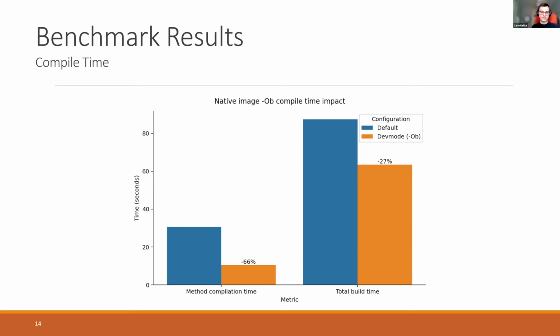As you can see, the compilation step now takes less than half as long as it does with the default compiler configuration, where the overall image build time is reduced by a bit more than a quarter.